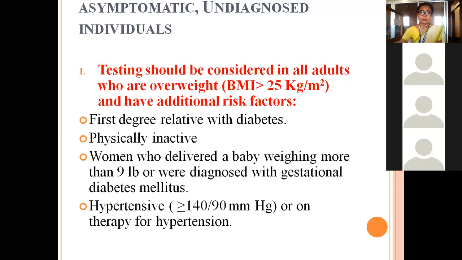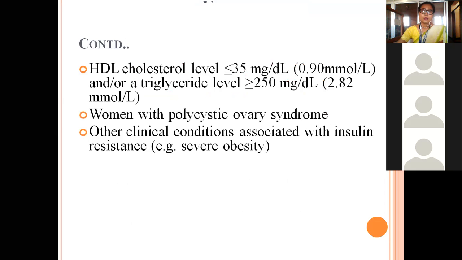Physically inactive, and women who delivered a baby weighing more than 9 pounds or were diagnosed with gestational diabetes mellitus, and hypertensive patients where the BP is greater than or equal to 140 by 90 mmHg. And if a person's high density lipoprotein level is less than or equal to 35 mg per dL and the triglyceride level is greater than or equal to 250 mg per dL.